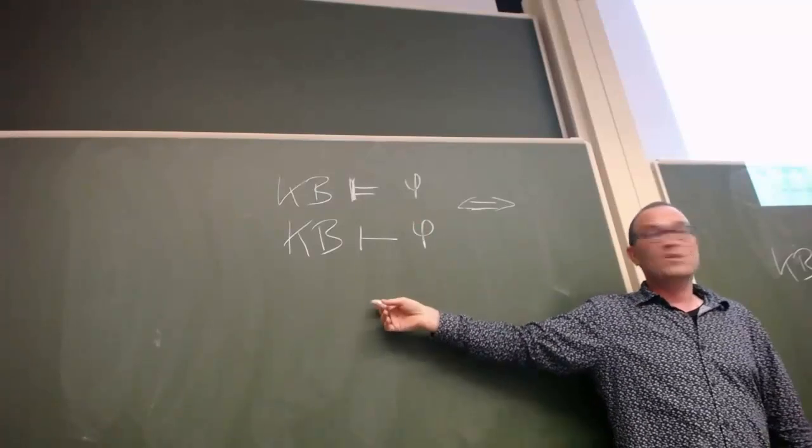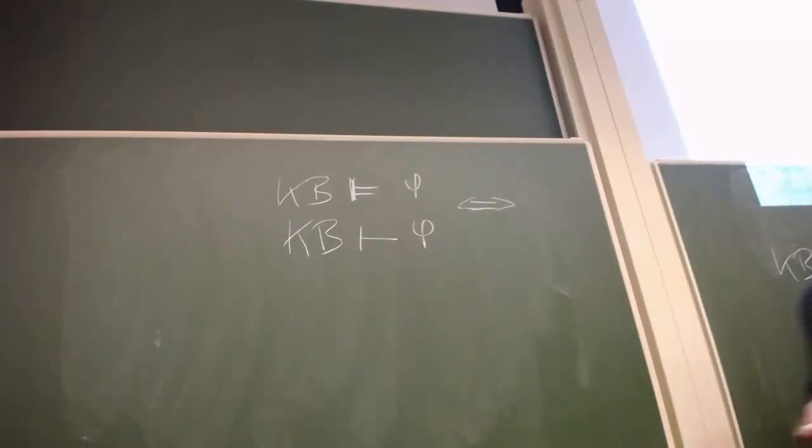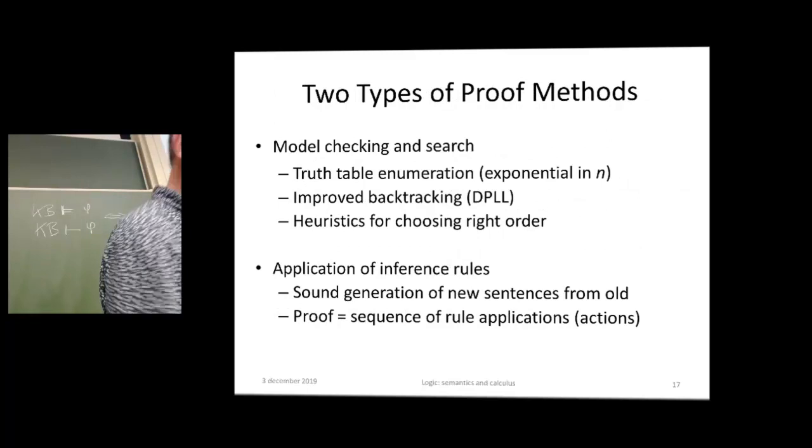So this algorithm that says yes every time is a wonderfully complete algorithm. It's obviously completely useless. So the notion of completeness alone is completely meaningless, because you just say yes to all the questions, and of course with all the correct ones you're right.